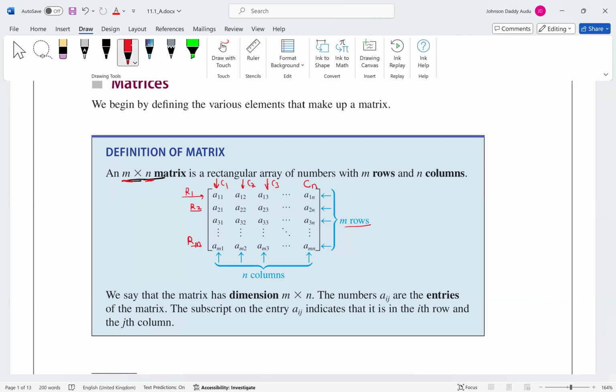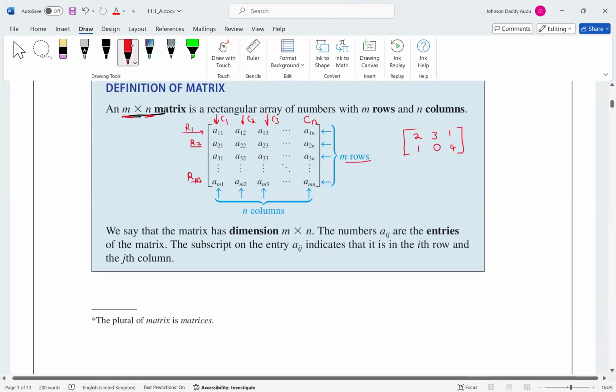For example, if you have a matrix 2, 3, 1, 0, 1, 4, it is a matrix because the numbers are arranged in a rectangular way. The dimension of the matrix is given by m by n. So here we have 2 rows and 3 columns, so this is 2 by 3.